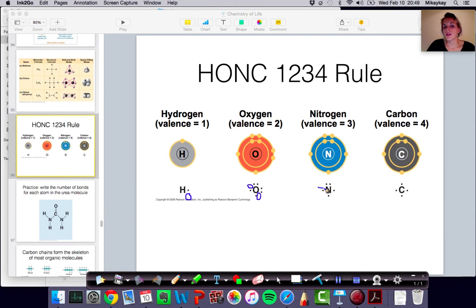Nitrogen is going to want to form 3 because it has 3 unpaired electrons, even though it has a total of 5 valence electrons, but 2 of those 5 valence electrons are paired. And then we have carbon, which will form its 4 bonds because it has those 4 empty spots for electrons. And the way to remember this is HONC 1, 2, 3, 4, right? And this all tells you the number of bonds each of these elements will like to form.